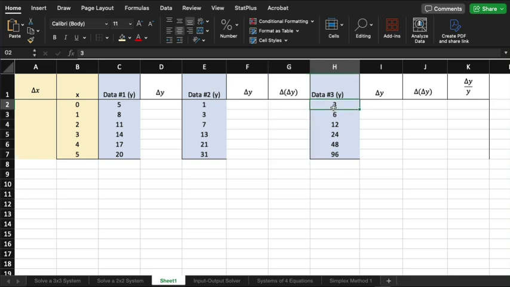And then our third data set is over here in column H. And there are 3 things we're going to need to calculate, because you always check delta y first, and then your second delta y, check those first. And if you don't get a constant with those, then your third option is that the ratio delta y divided by y might be a constant.